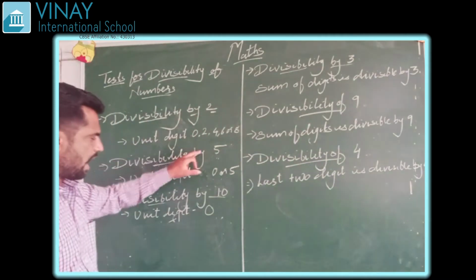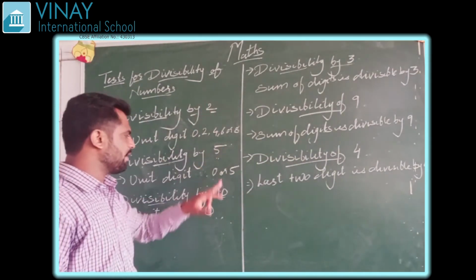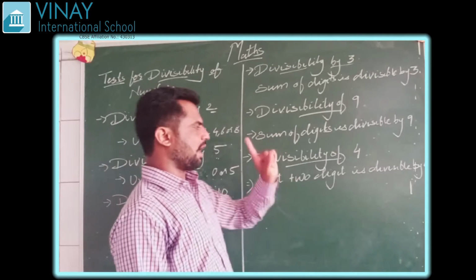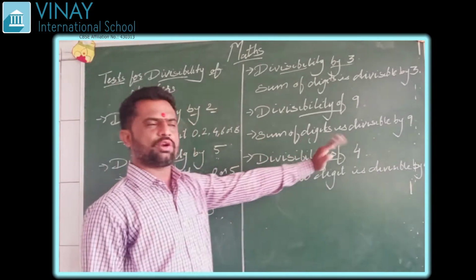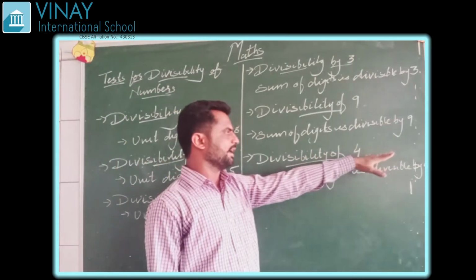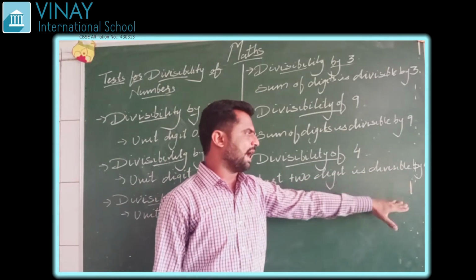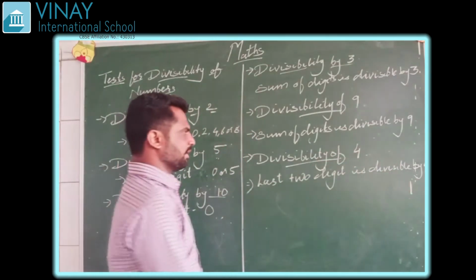Here we had done the last one digit. In 2, 5 and 10 we had done the last one digit. Now in 4, if the last two digits are divisible by 4, then that number is divisible by 4.